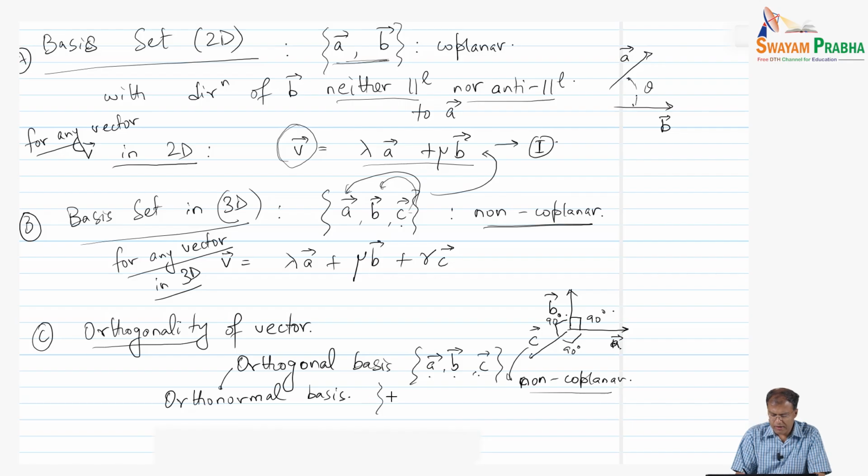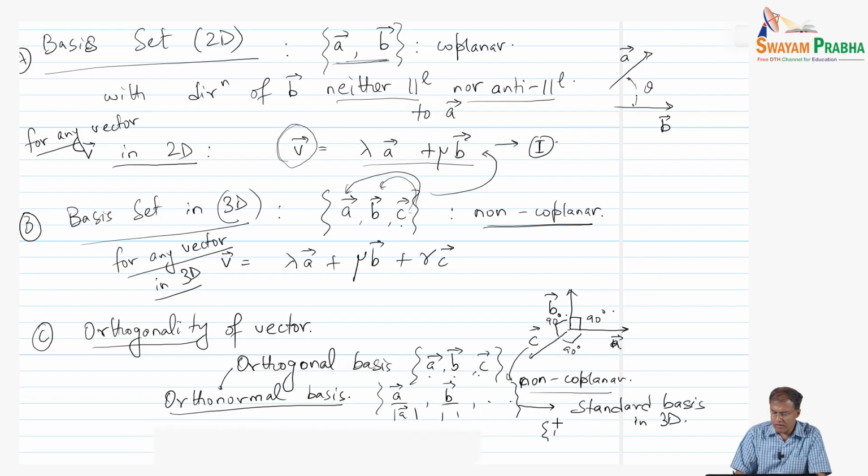So we have vector A divided by the magnitude of A, vector B divided by the magnitude of B, and so on. What I am going to get is a set of 3 unit vectors which are orthogonal and non-coplanar, and typically we call this orthonormal basis the standard basis in 3 dimensions.